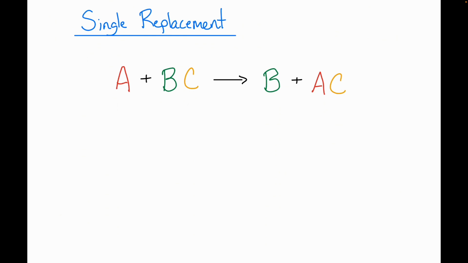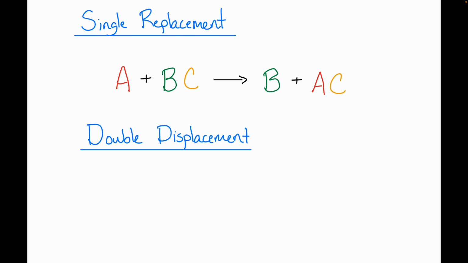These are what are called double displacement. Okay, again, I'm going to use some color coding here. So now we have 2 compounds.